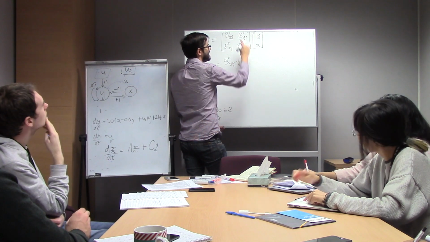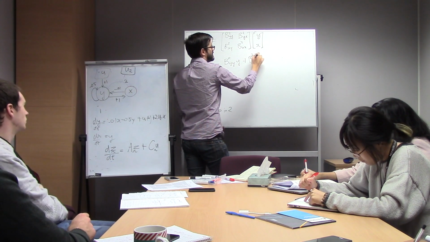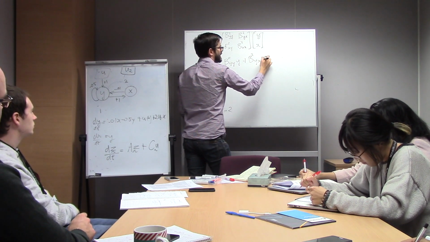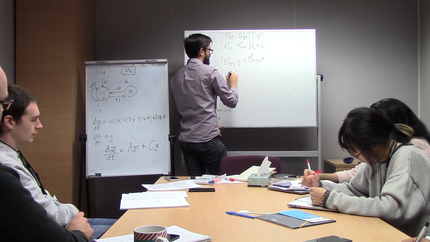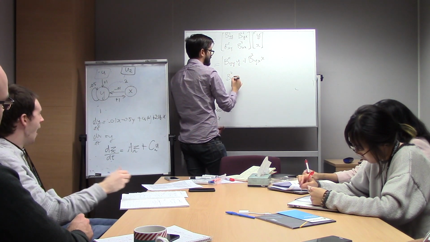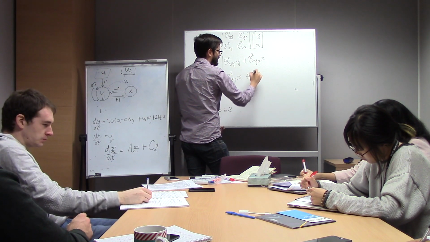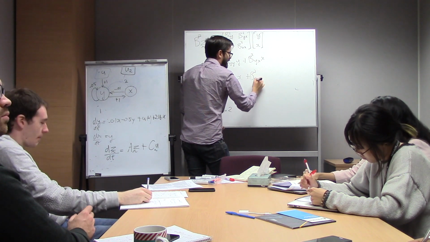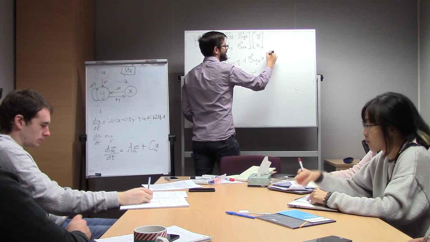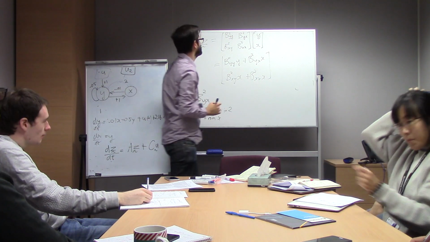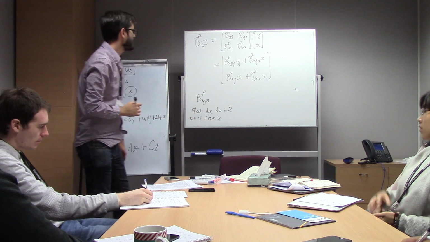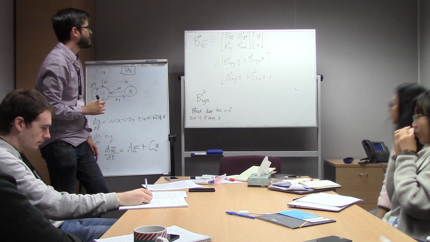Y plus B2, Y, X, X. That's the first one. Second one, B2, X, Y times X. I'm running out of breath here. Plus B2, X, X times X. What a mouthful. Okay?